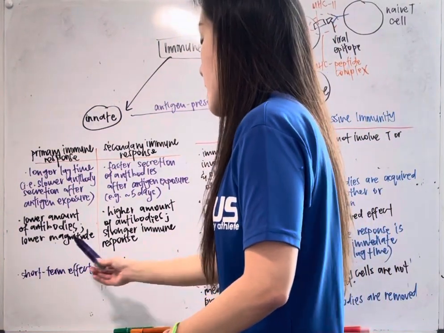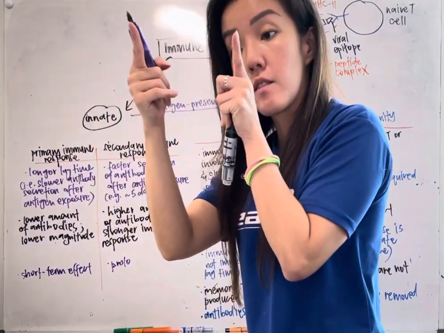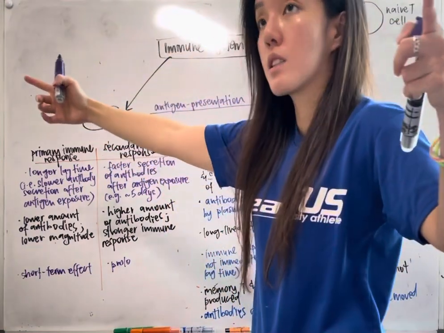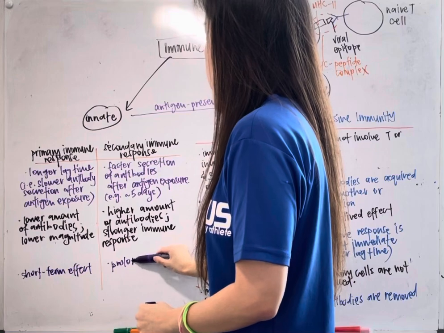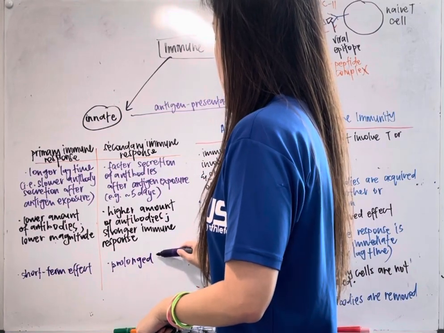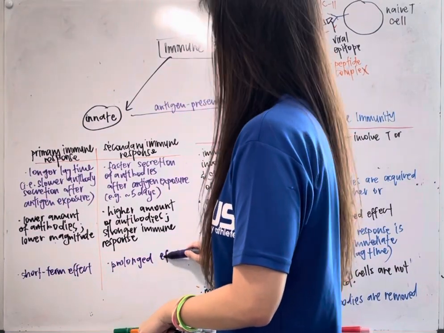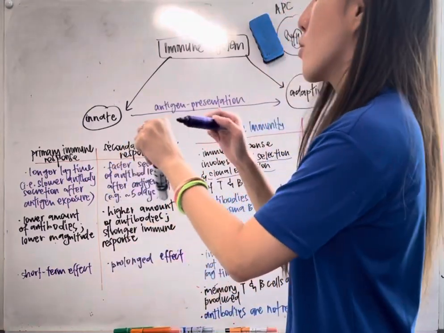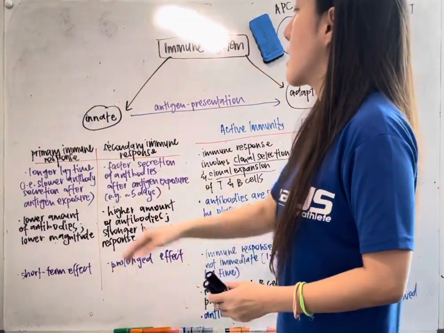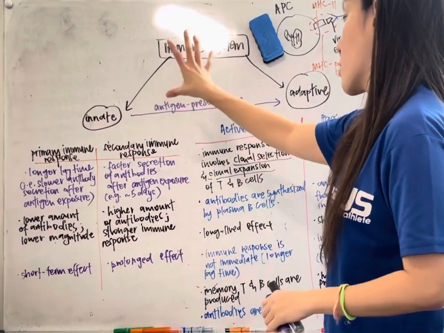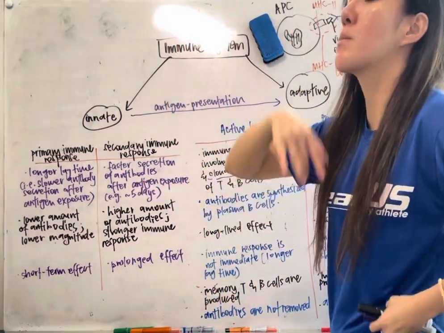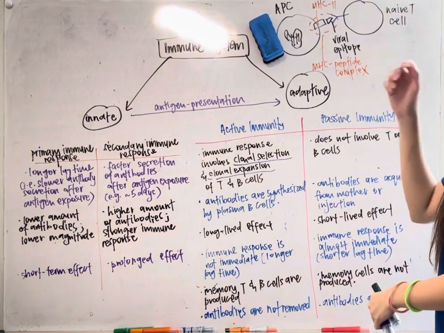You can see this one is usually in a matter of days, but for this one you can see how your antibody production remains in the body for very prolonged periods of time. So usually we say this when it's first exposed to the first antigen, but this one is when the same antigen is re-exposed to this person or individual.